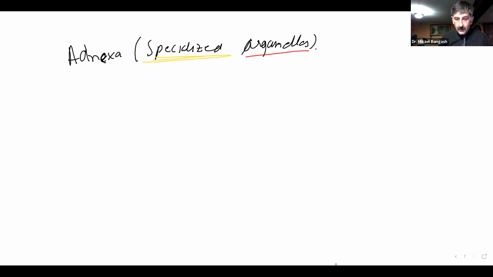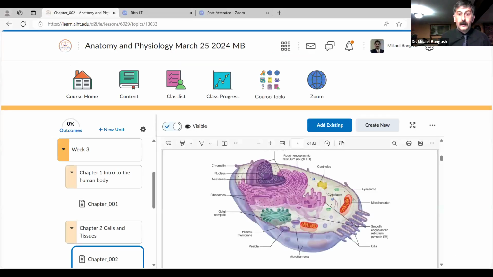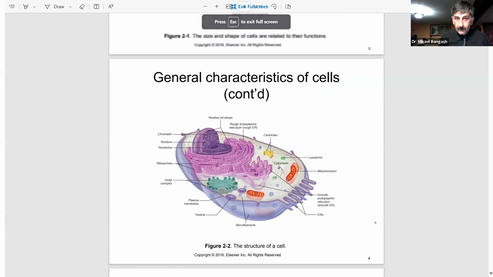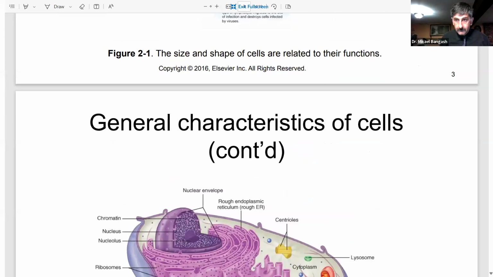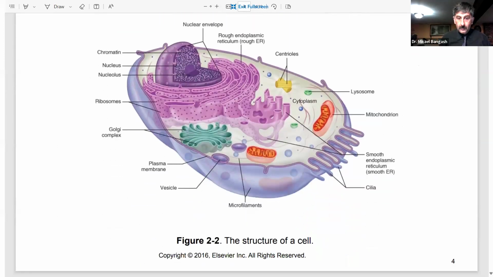So if you look in your book, this is pretty much what the picture in your book looks like, right? You can magnify this a little bit, because you may say, well, Mike, you didn't mention these fellows here.